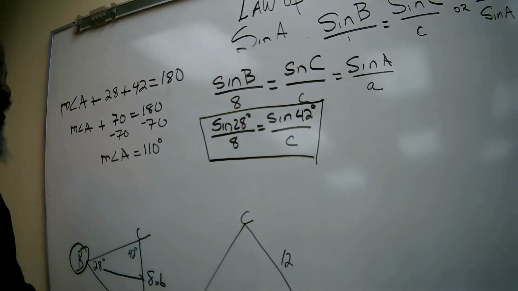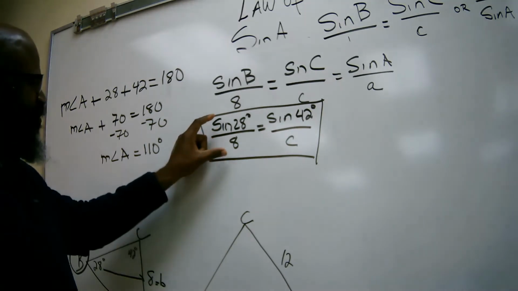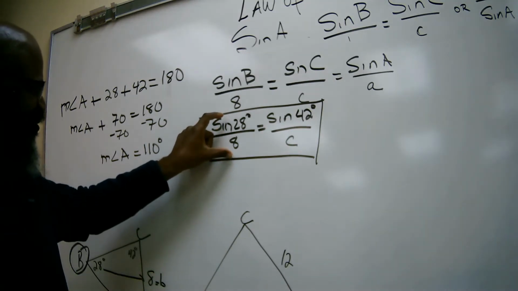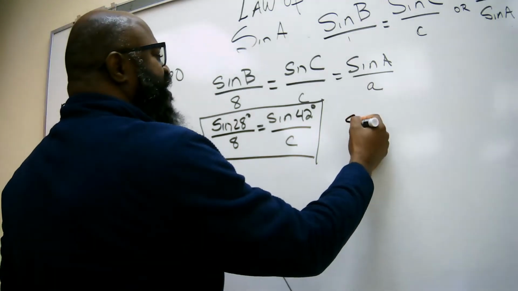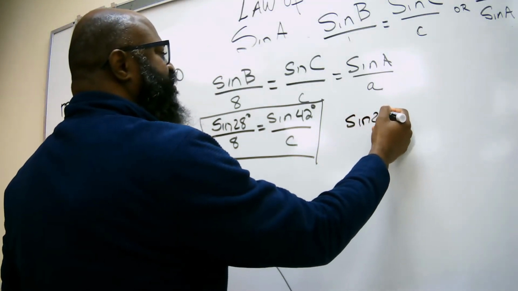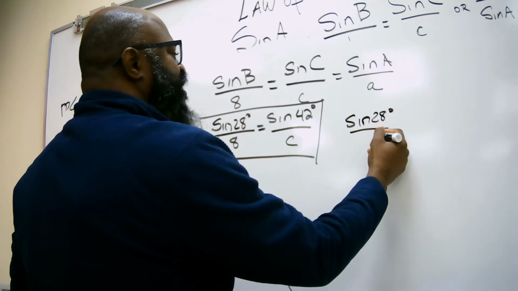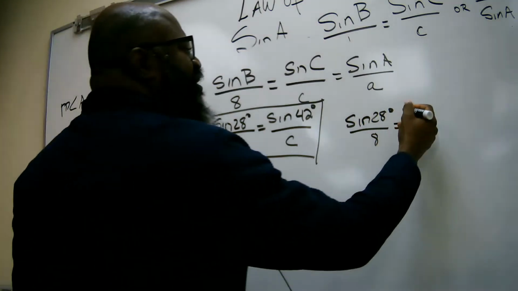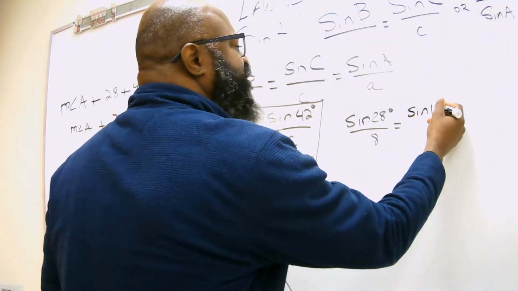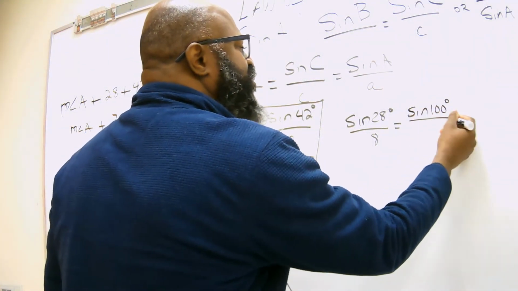Now, to find the other part, we're going to use the scale factor, which is very essential. That will be sine of 28 degrees over 8 is equal to sine A, which is sine of 110 degrees, over little a.